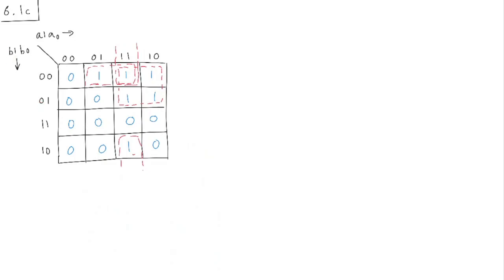So G is going to be equal to A1 B1 bar plus, let's write the expression for these two ones. Okay, so that's the group that we want to make.